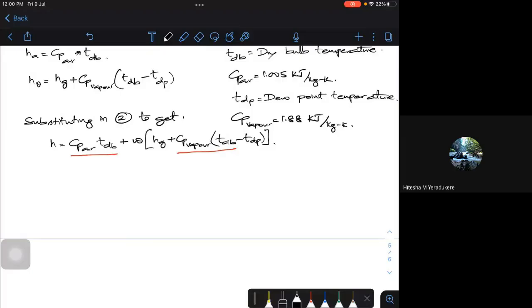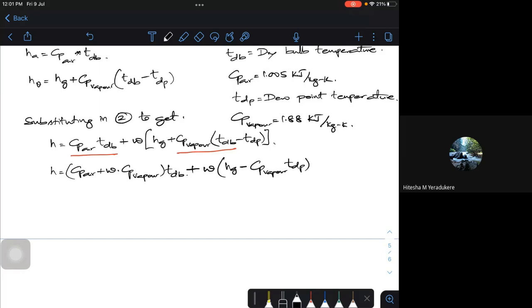I can write h as Cp of air plus omega into Cp of vapor, into dry bulb temperature, plus omega into Hg minus Cp of vapor into dew point temperature.